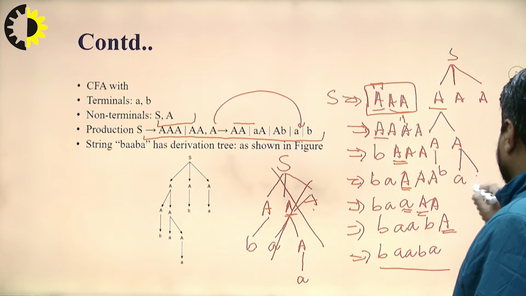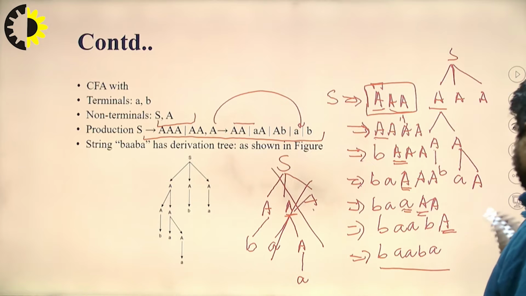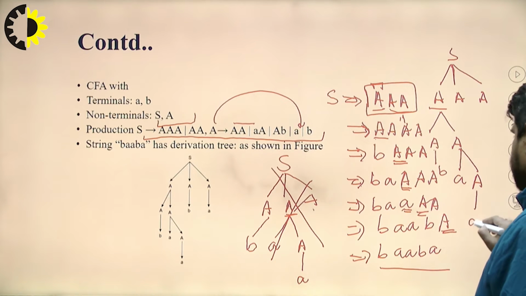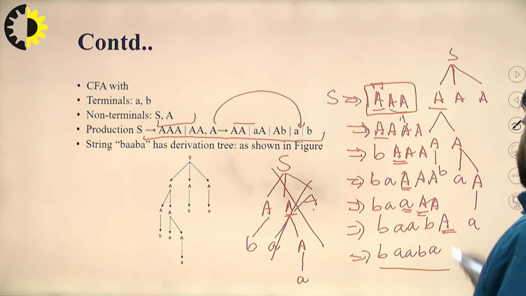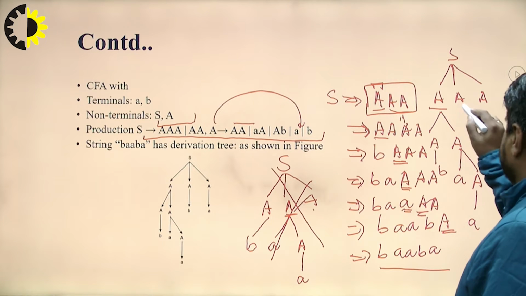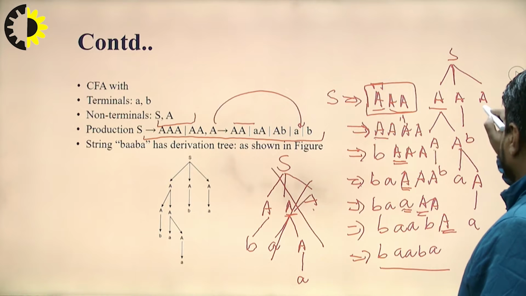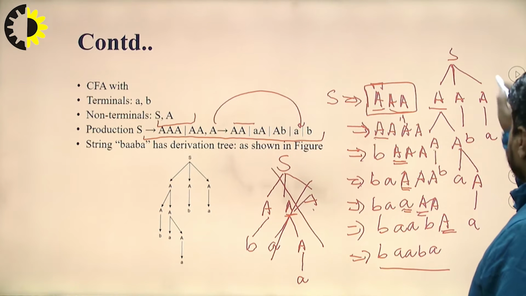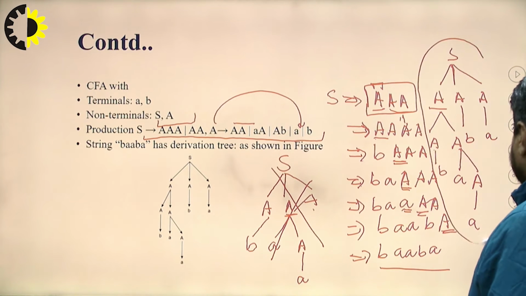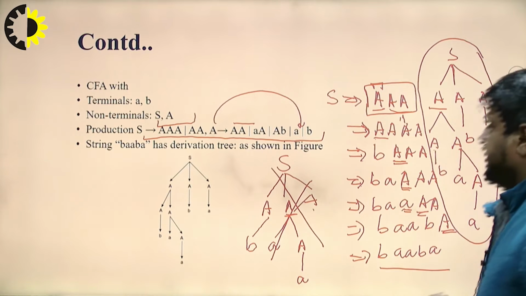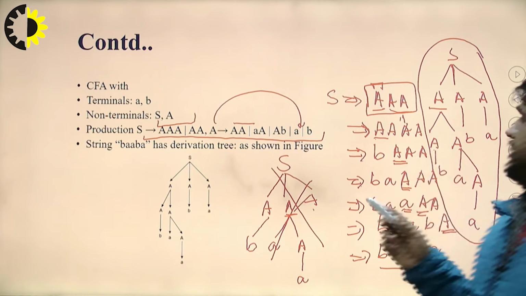So you can write down A, capital A. After that, this A gets replaced by A. Once again, this A is replaced by B and this A is replaced by A. So this is the derivation tree corresponding to this particular grammar, right?